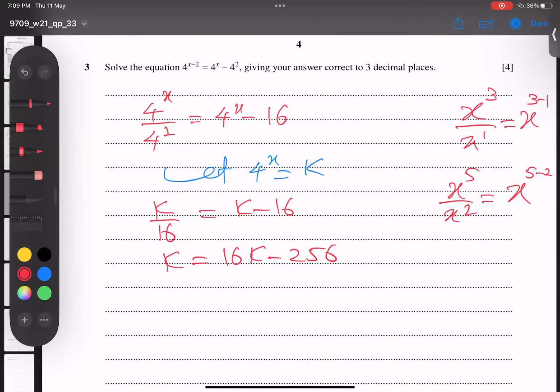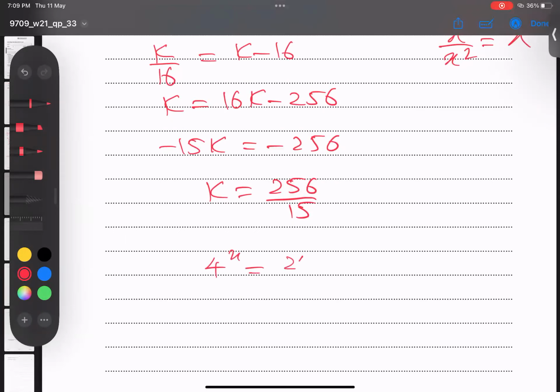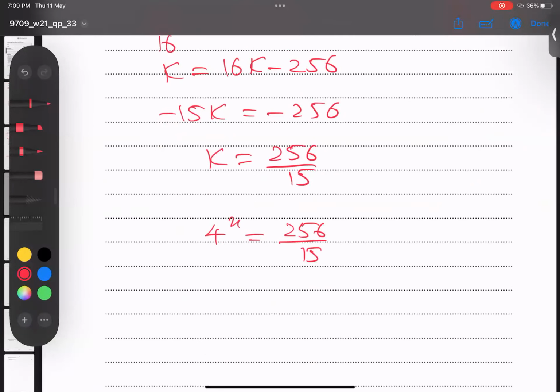So 4 to power x equal to 256 over 15. And now take a log, take ln, take log, your wish. I take log, no problem at all. But I can take ln also, no effect will come, the answer will become the same finally. This power will come down, reason, log property: after log, any power comes there, this power can come down and multiply.